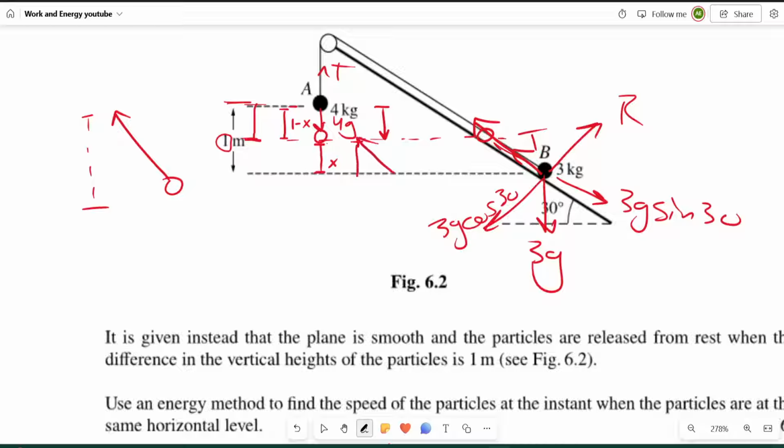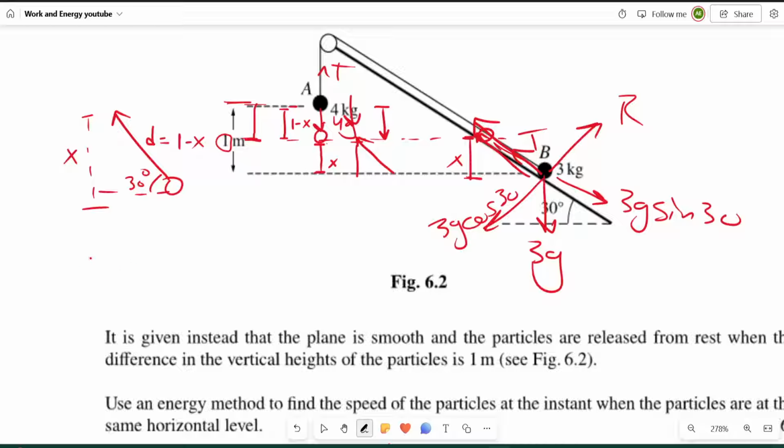This distance is x, and this angle is 30 degrees. This distance, let's call it d, must be equal to the distance that A moves down, because it's an inextensible string. If A moved down by 1 meter, B will move up by 1 meter. If A moved down by 1 minus x meters, B will move up by 1 minus x meters. So this d must be 1 minus x as well.